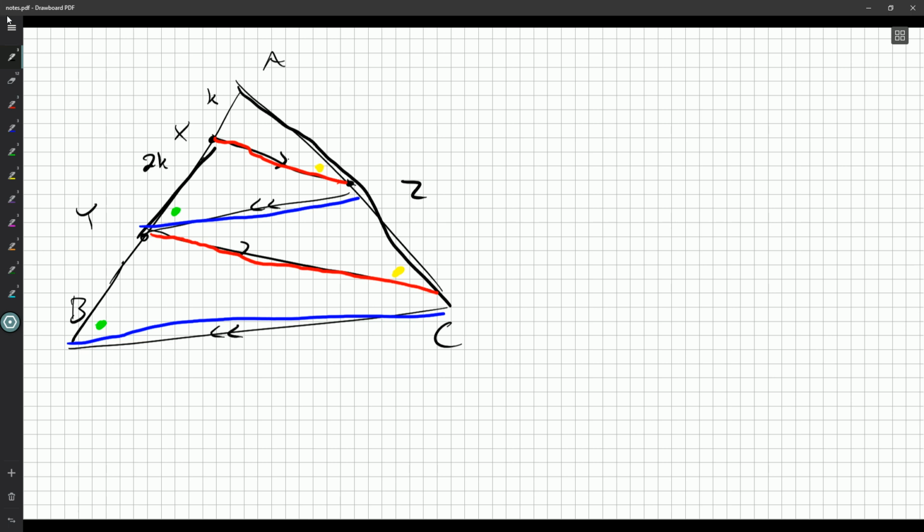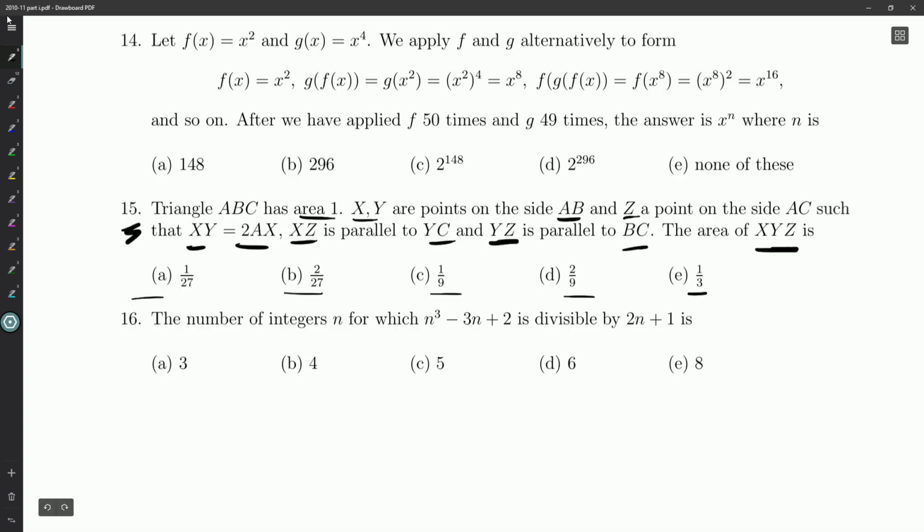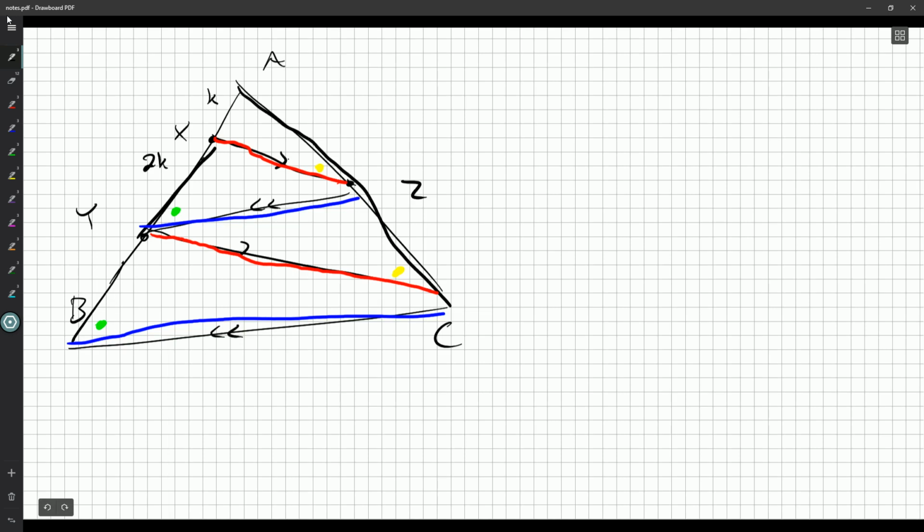Now, I'm willing to suspect that the green ones and the yellow ones are actually the same, but I don't have the wherewithal to prove that right now. But it would certainly make this question more interesting. What else can we do here?